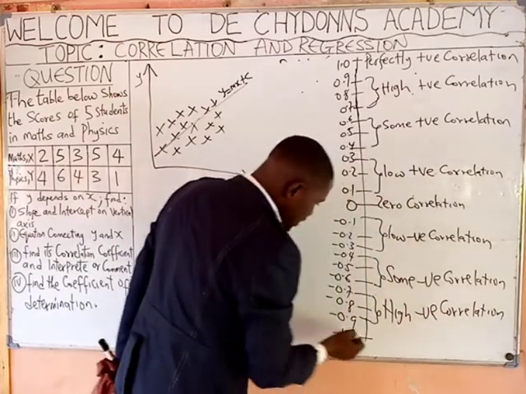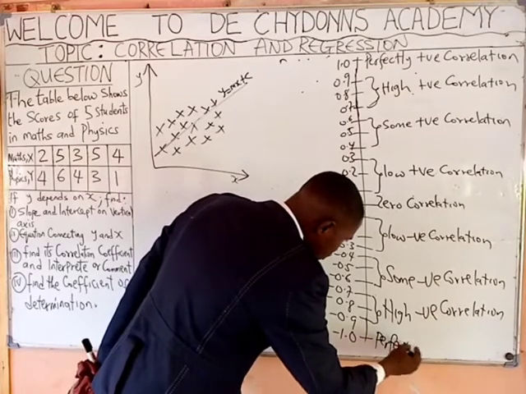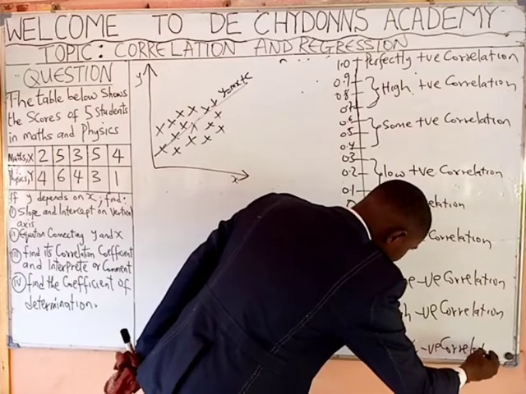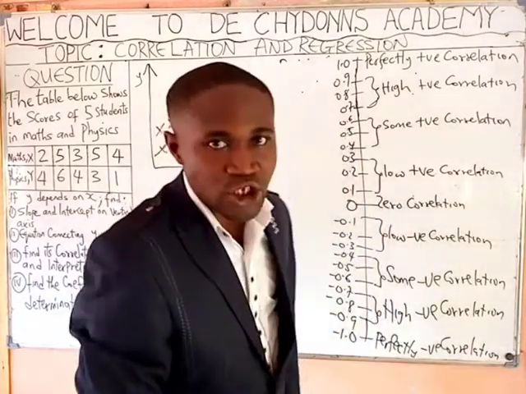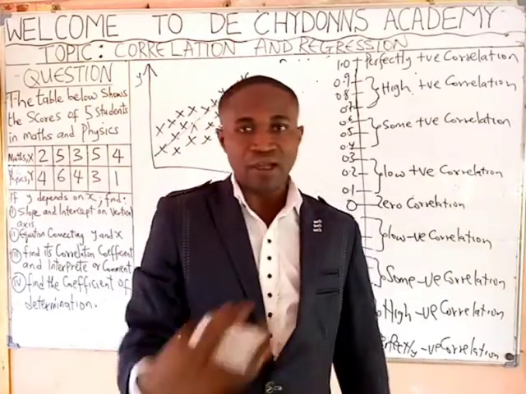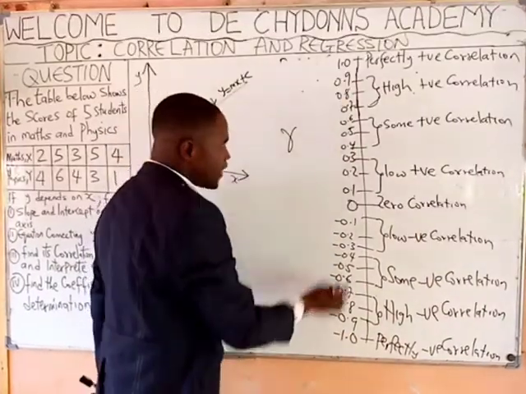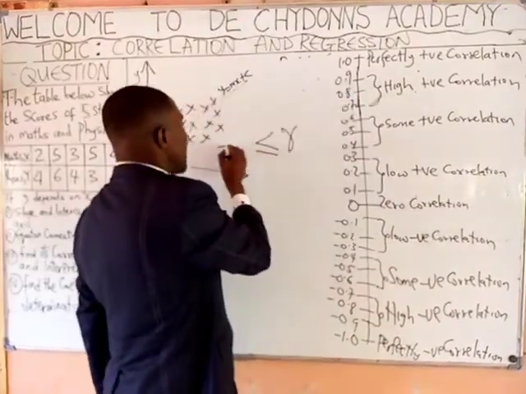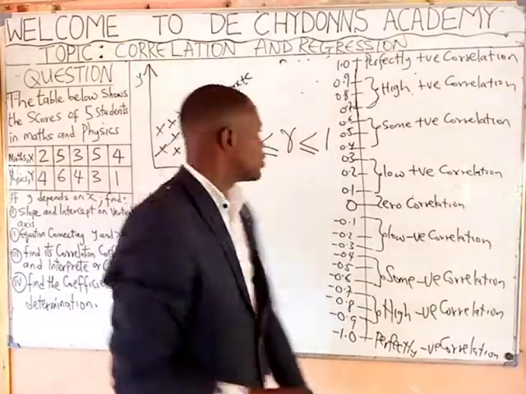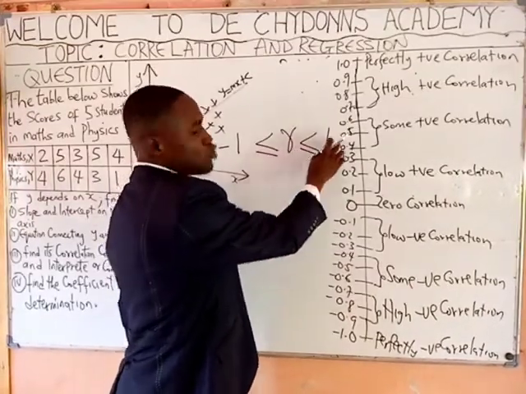When it is at minus 1, you say there is perfectly negative correlation. So these are the interpretations of the correlation coefficient you will get. Remember that r ranges between minus 1 and 1, so r is greater than or equal to minus 1 and less than or equal to 1.